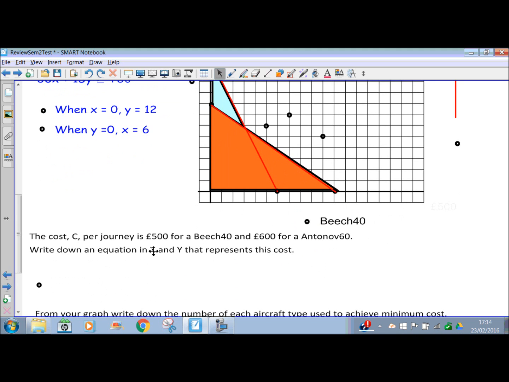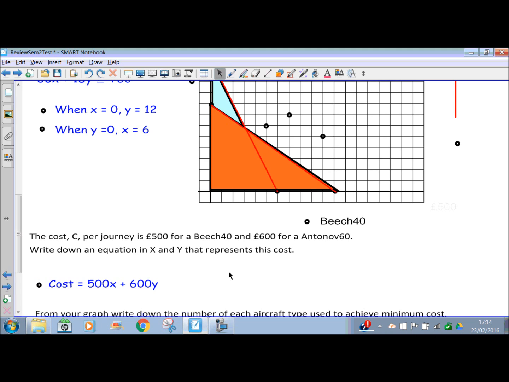So x times 500 plus y times 600 will equal the cost. So for example, at this point here, x equals 5, so that's 5 Beech 40s, and y equals 5, which is 5 Antonov 60s. So that would be 5 times 500, 2,500, plus 5 times 600, 3,000, which would be £5,500.